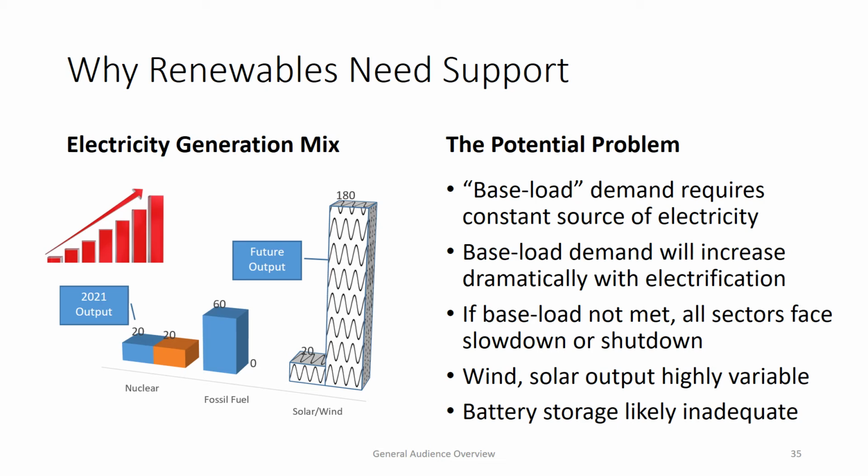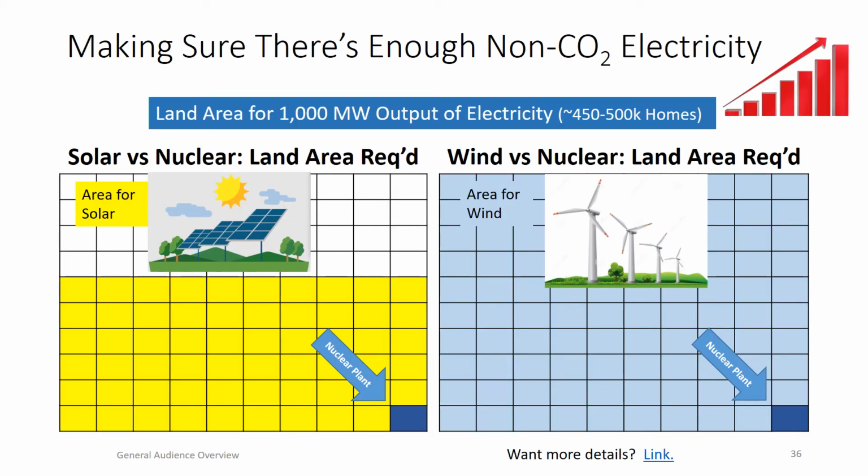So let's recognize that wind and solar output is highly variable. And also, frankly, the battery storage, no matter how much we put into it, is likely to be inadequate to really handle an interruption or a strong base load demand over time. So, what do we do?